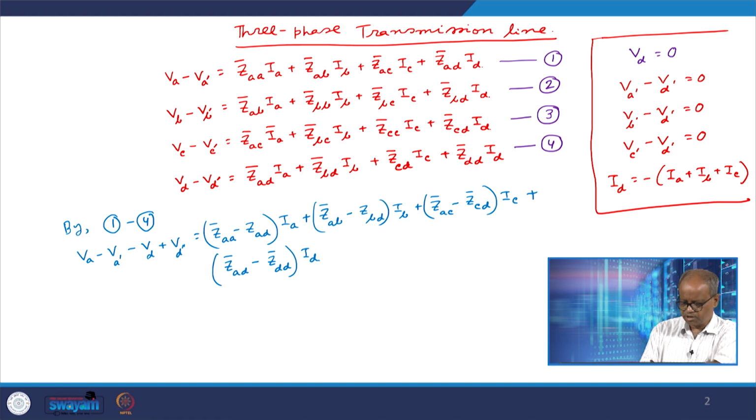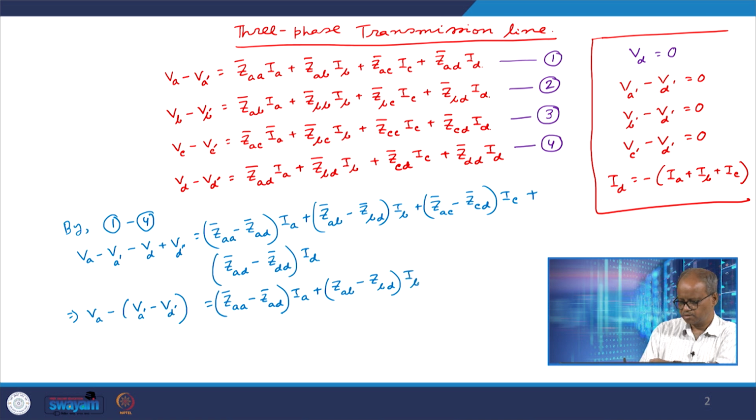Now, here in this equation VD is 0. So, then I can write that VA minus VA dash minus VD dash is equal to ZAA, here we have put that VD is equal to 0, ZAA minus ZAD, sorry, this is all primitive, into IA plus (ZAB minus ZBD) into IB, all are primitive, plus (ZAC minus ZCD) into IC.